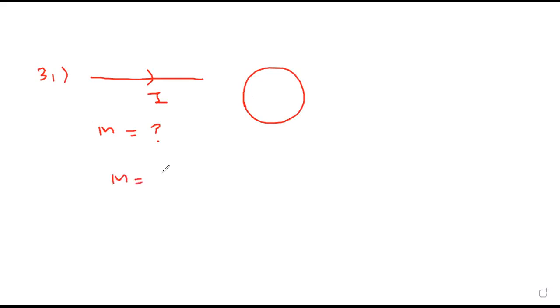Dipole moment formula is IA. A is nothing but pi r square for this. Now the length of the straight wire is r.